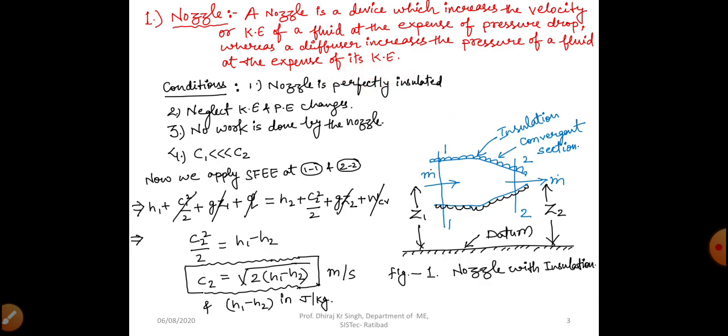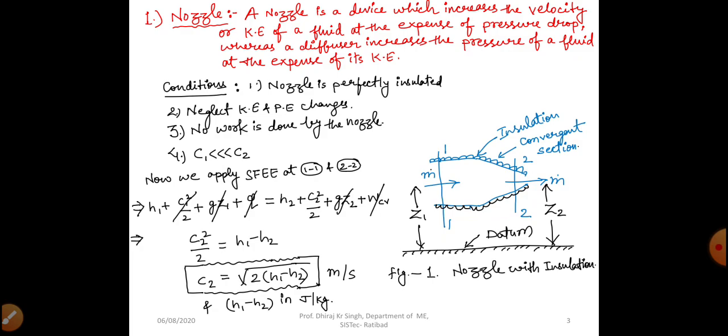There is a basic difference between nozzle and diffuser: a nozzle has a convergent cross section, as we can see here, and if the cross section is divergent, it is a diffuser. If we see a convergent cross section at the outlet, that type of device is known as a nozzle.